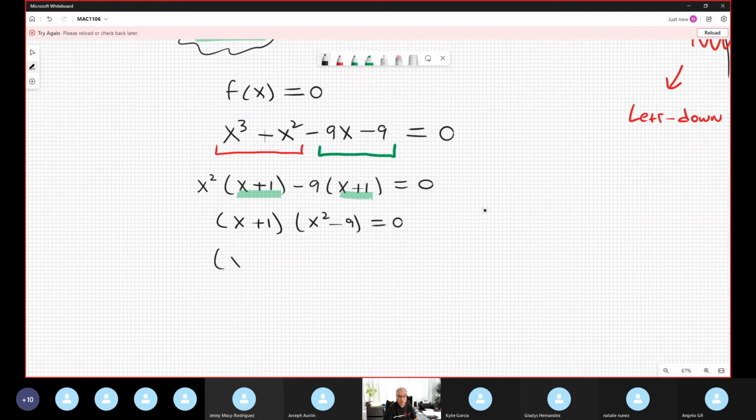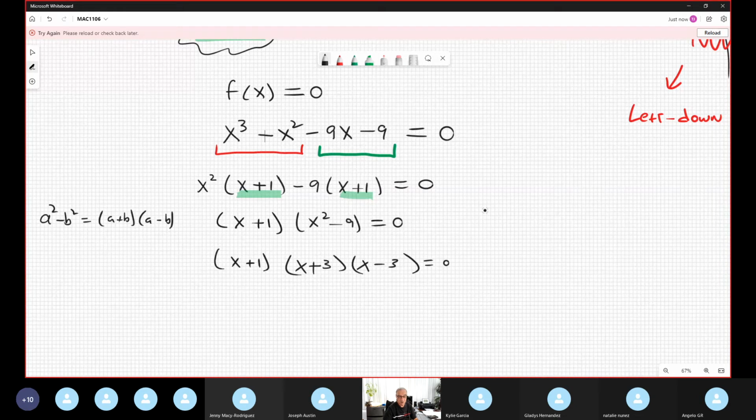One possibility is to continue factorization using the difference of squares formula. The formula you know very well is a squared minus b squared equals a plus b times a minus b. The square root of x squared is x and the square root of 9 is 3. So x plus 1, x plus 3, x minus 3 equals 0.